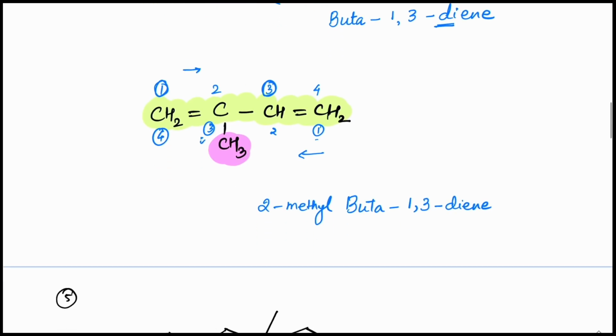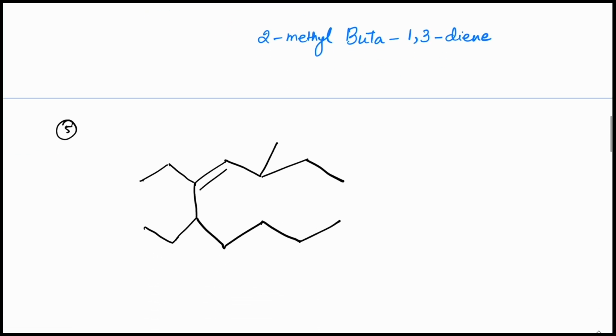Alright, now let's take a look at this interesting example. All we see here are lines. There is no carbon, no hydrogen present here. So what is this structure? This is what we call a bond line diagram. You can know more about them in detail by watching my video on bond line diagrams.